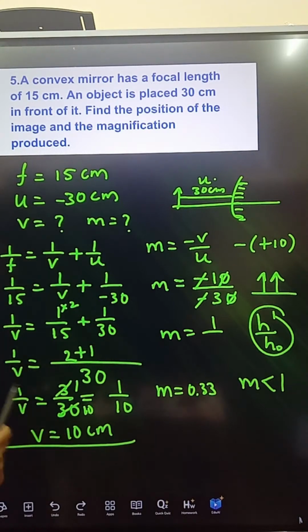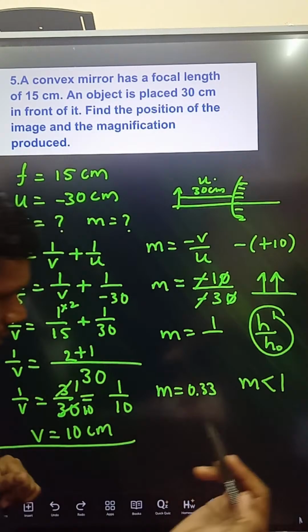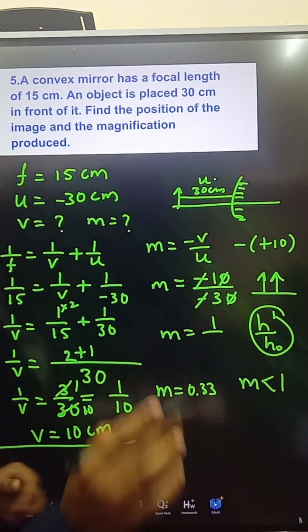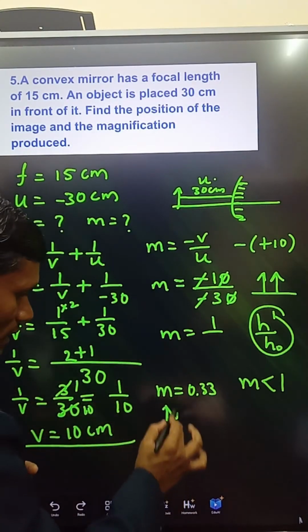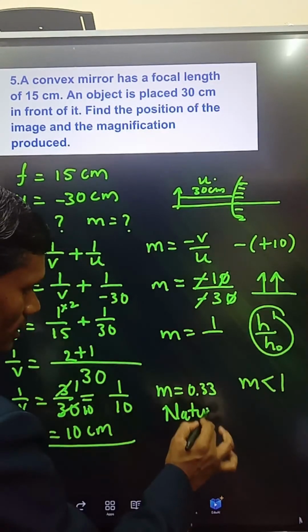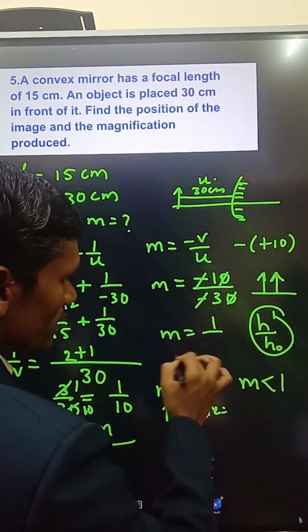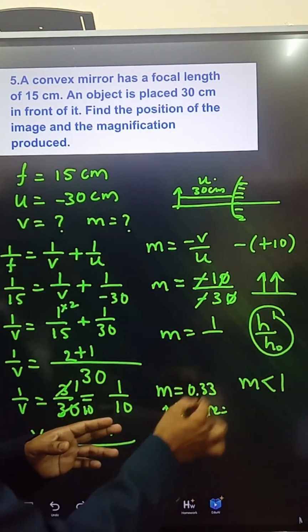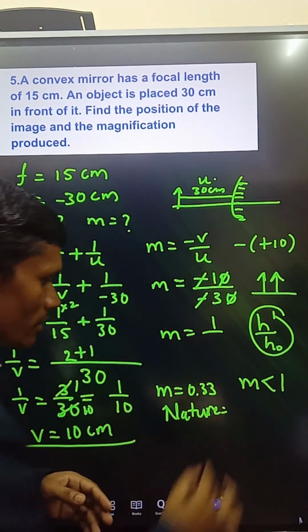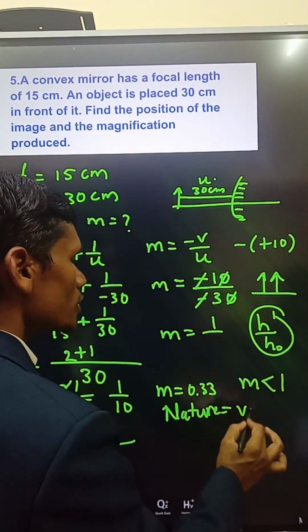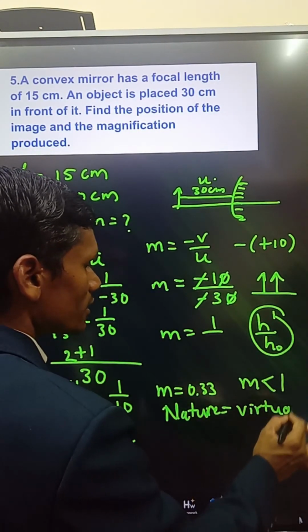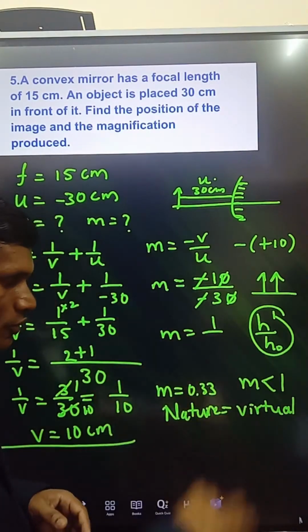The magnification produced, and the nature. I told you along with that only, but I'm not writing it here. If it is asked, you can write it. Nature: whether it is real or virtual, you don't need to think much. If it is convex, it is always virtual only.